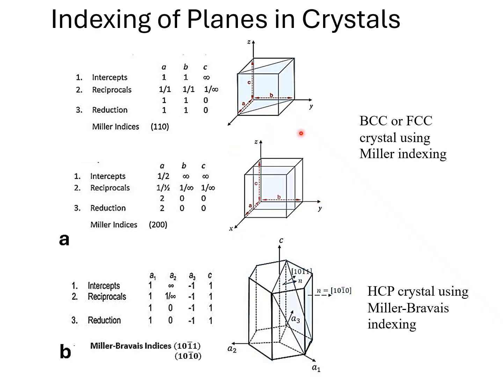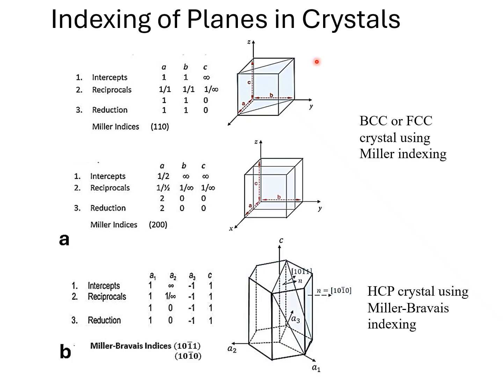If we have a crystal structure and we're looking at a unit cell of that crystal structure, we can define planes within the crystal where we have high densities of atoms, and we want to index those planes. We want to know what their orientation is and what their spacing is.